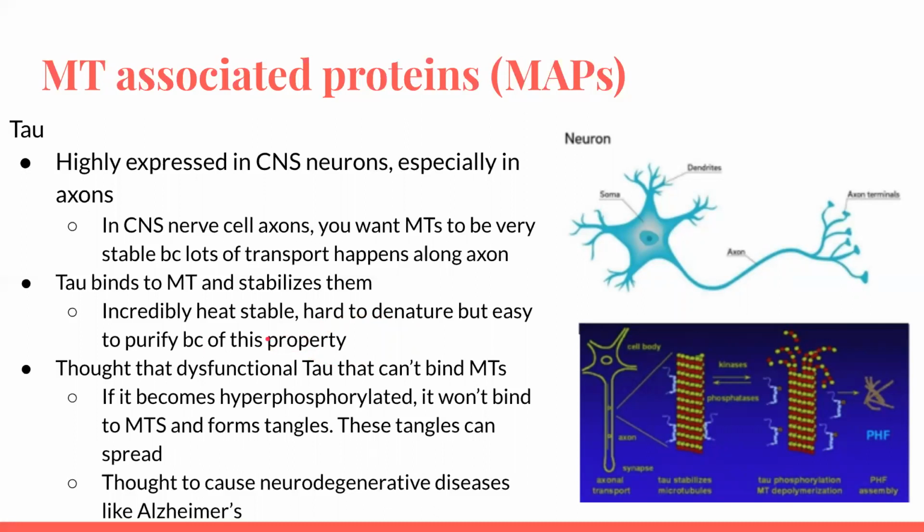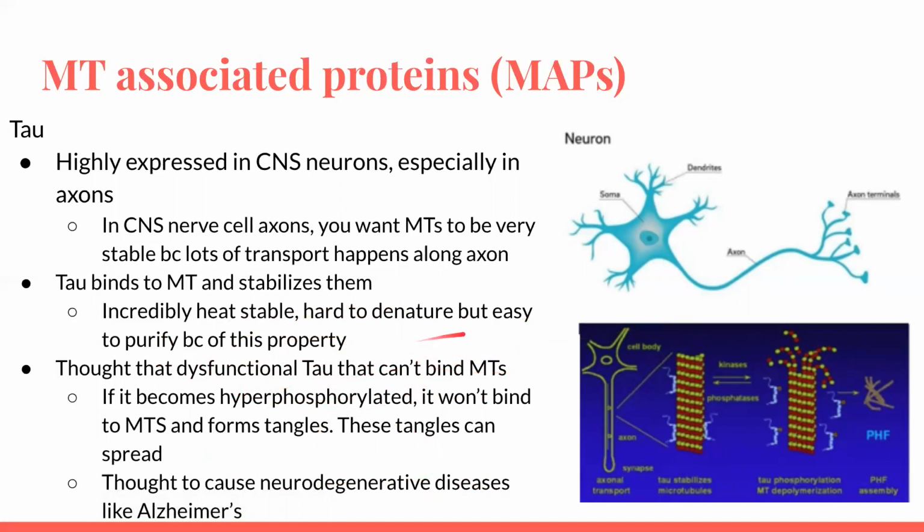So what happens when tau goes wrong? When tau is messed up, which is the case in many neurodegenerative diseases like Alzheimer's and sometimes Parkinson's, if tau becomes hyperphosphorylated, so if it is phosphorylated too much, it won't bind microtubules.